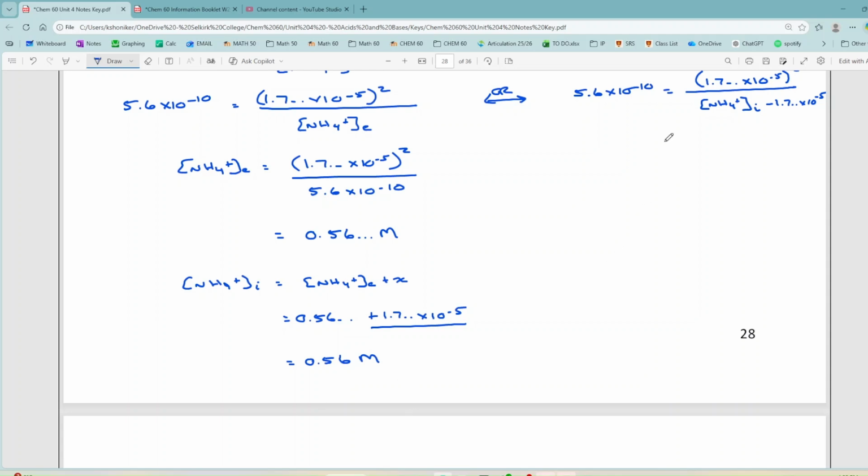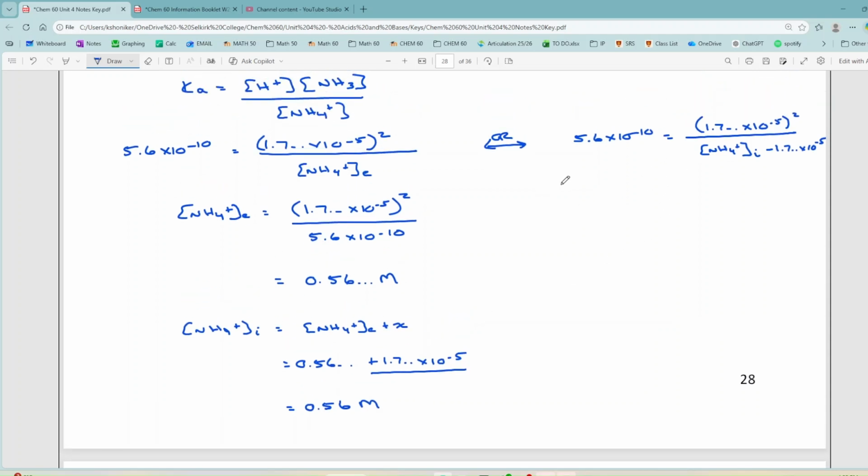Now, if you were plugging this one into your calculator, right, you would take that concentration of ammonium initially minus the 1.7 times 10 to the negative 5, and it's the same work, right? 1.7 times 10 to the negative 5 squared divided by 5.6 times 10 to the negative 10 is going to give you an answer, and then you're going to add that 1.7 on.